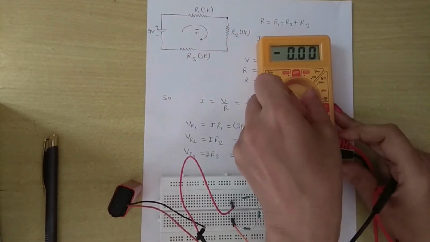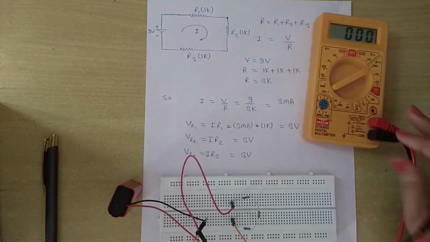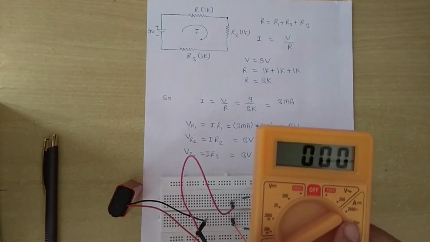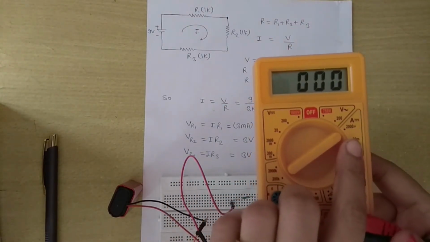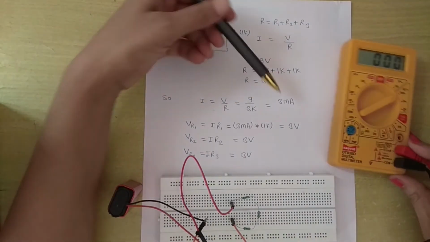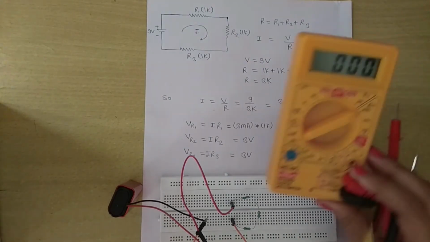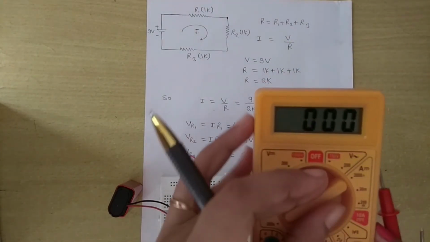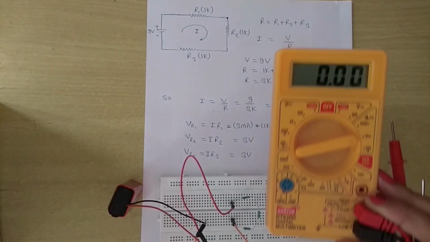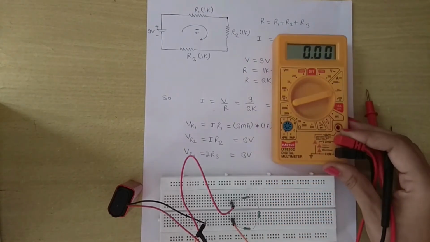So I am placing this at this position in the 2000 microampere range. Here my current is coming theoretically 3 milliampere. That means it is more than 2000 microampere, so I will place it at the 20 milliampere range.